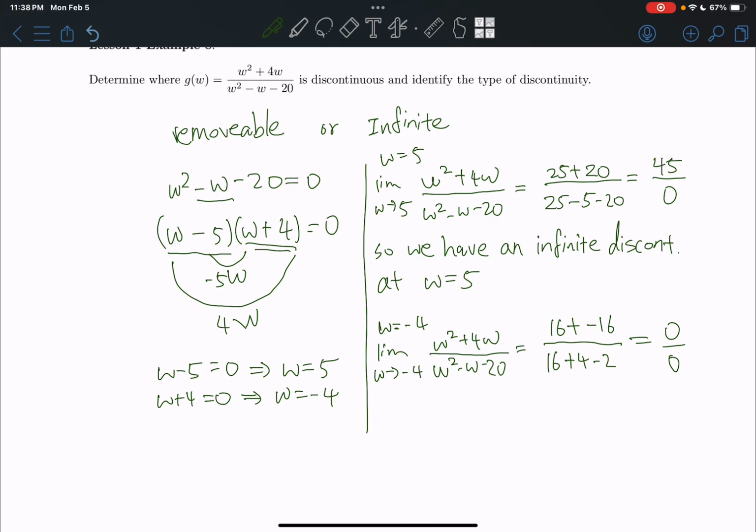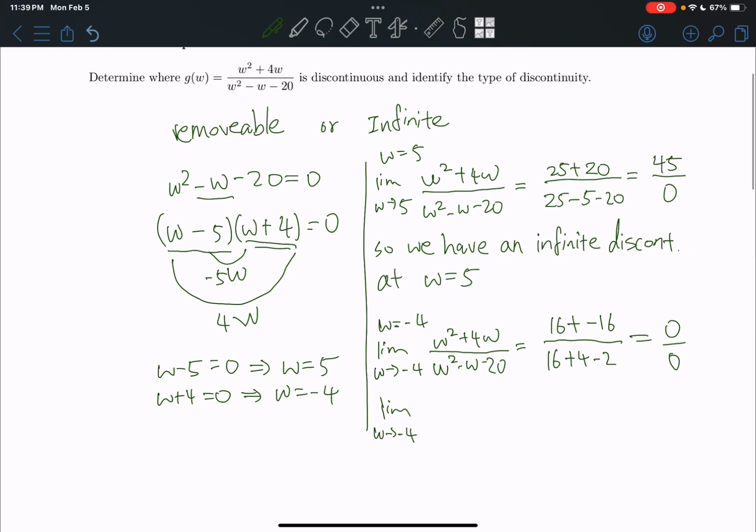But let's play this out. It also serves as a good example of what happens with a removable discontinuity: we can simplify. This equals the limit as w approaches negative 4, where the top factors into w times w plus 4 and the bottom factors into w plus 4 times w minus 5.